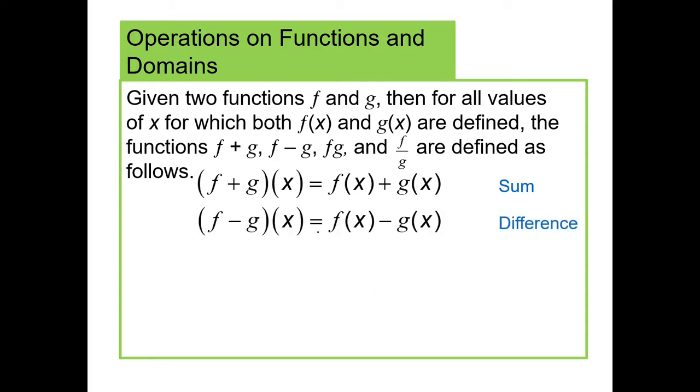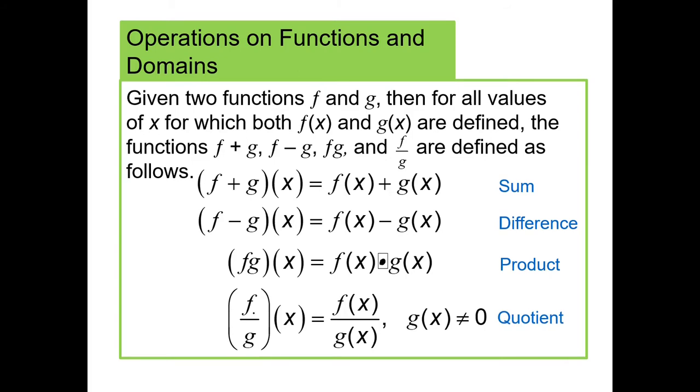F minus g of x is just the difference of two functions, f of x minus g of x. F times g of x is equal to f of x times g of x. And finally, f divided by g of x is equal to f of x over g of x. Here, the denominator cannot be equal to 0, or it will be undefined.